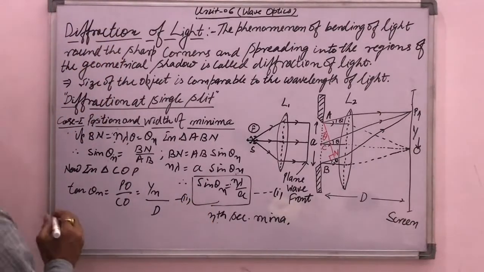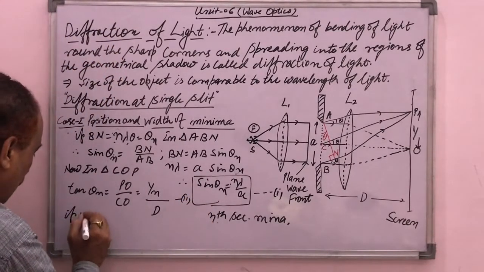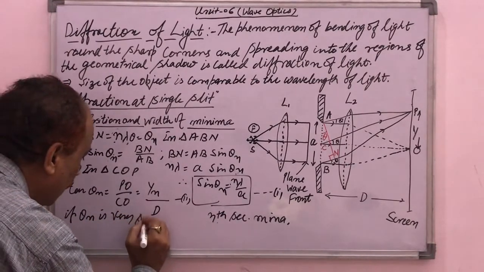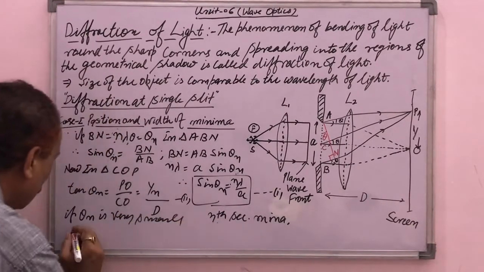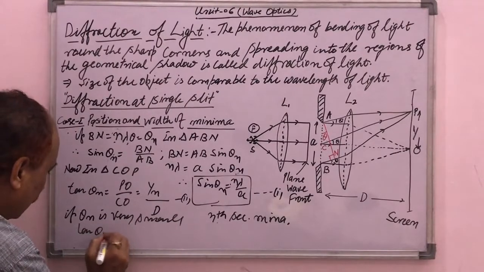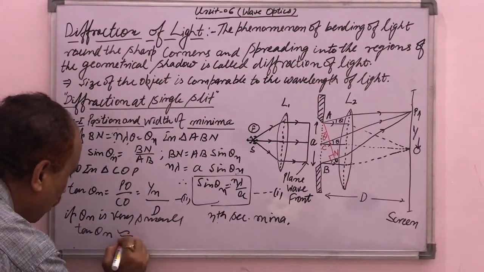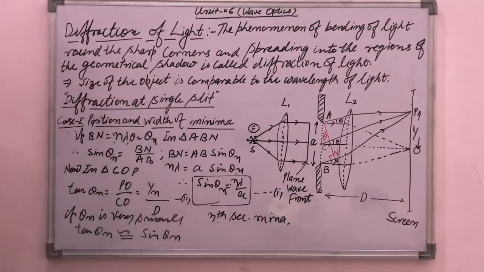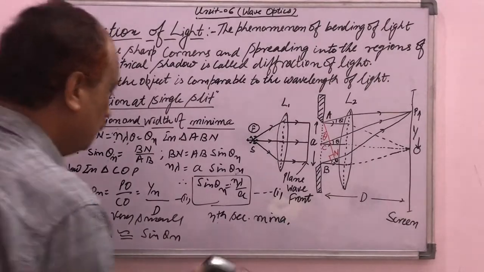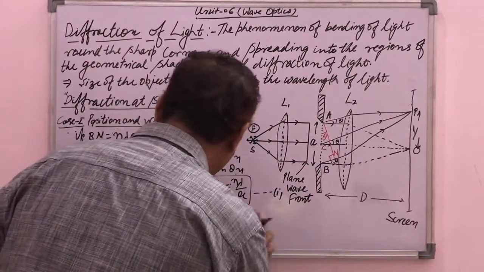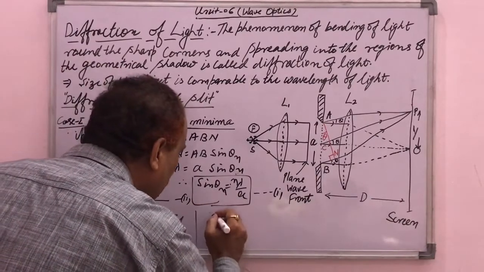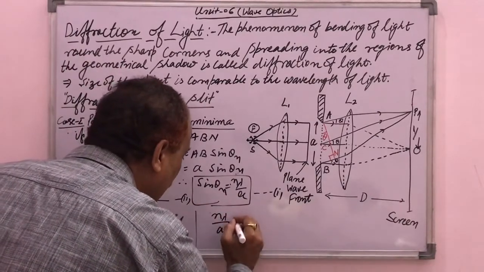Now we have to assume that if theta n is very small, then tan theta n will be approximately equal to sine theta n. So when these two values are equal to each other, then we can find out the value like this. From the first equation, n lambda upon A is sine theta n.